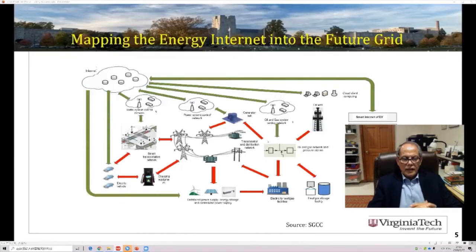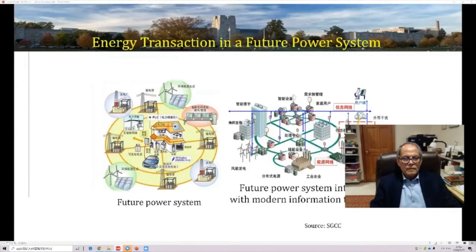Okay, next slide, please. And this is the core of the discussion. On the left-hand side, we have the future power system. And on the right-hand side, I have the future power system integrated with modern information technology.